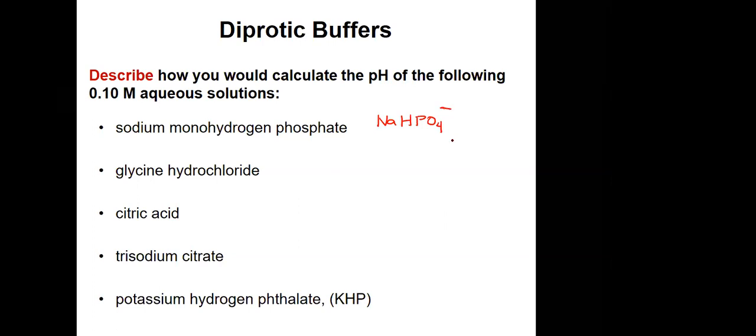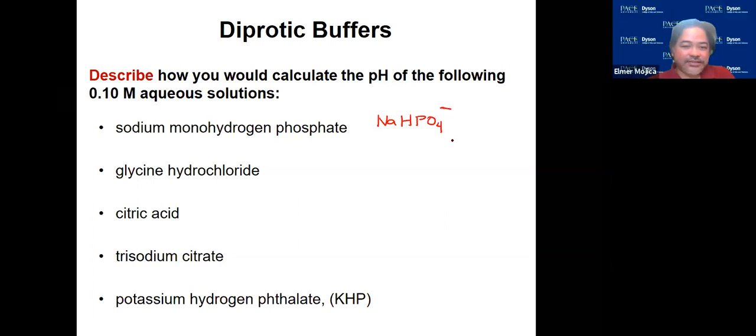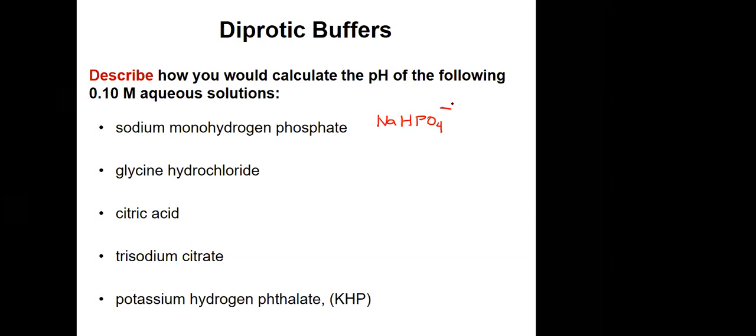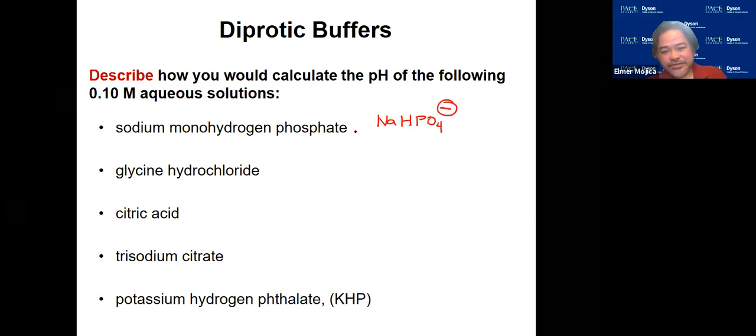Okay. So you may ask, how are you going to calculate this one? So maybe you start from here, or maybe it can be like this.